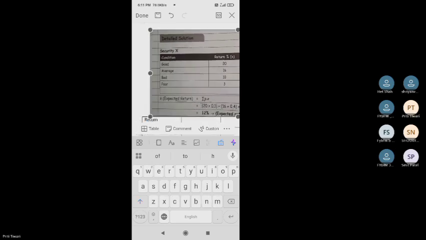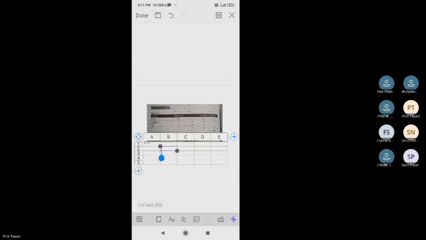Suppose returns are your first column, followed by probability.